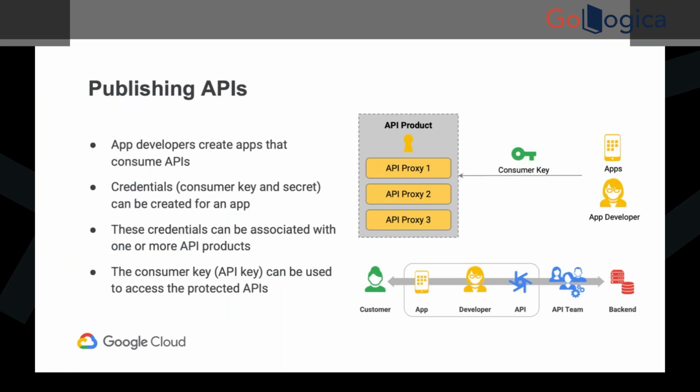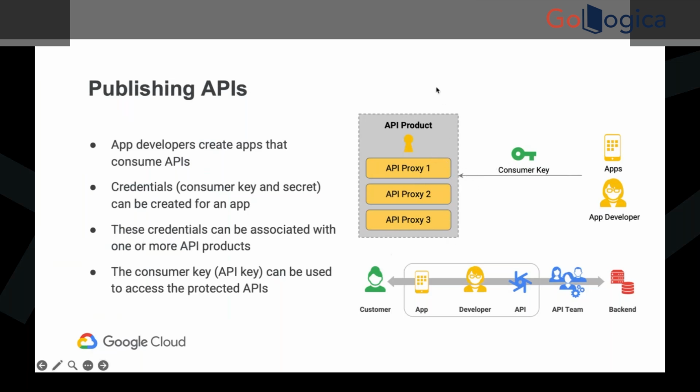So when you subscribe and you register the application, basically you are saying, I'm registering my application. There it will give you a key and a secret for your application. This key will have access to the product, and internally it will have access to your API.